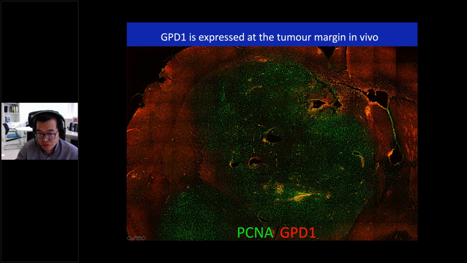I think this is reassuring, that this general correlation does exist, although you still see some cells in the bulk, but it is very clear. I think the regulatory enrichment is at the border. And if you look closely, we will come back to that later. Actually, most of the GPT-1 cells are negative for PCNA in vivo.